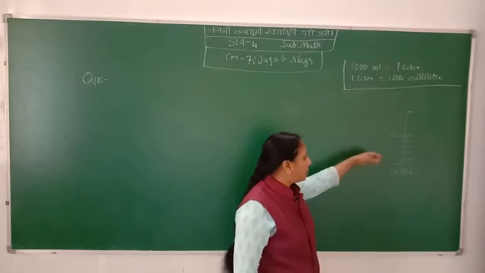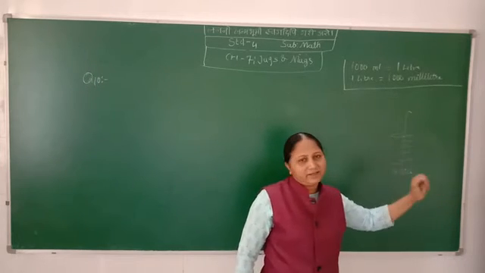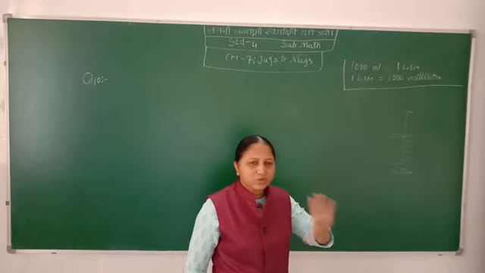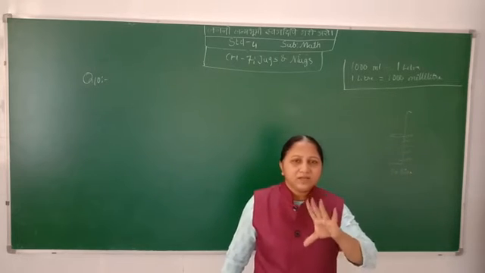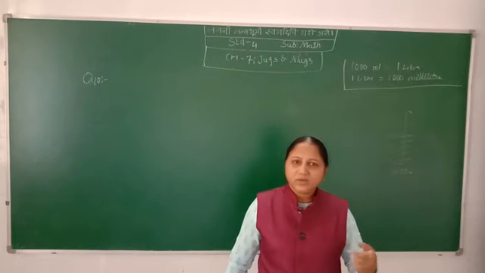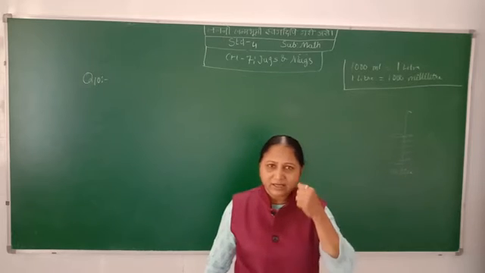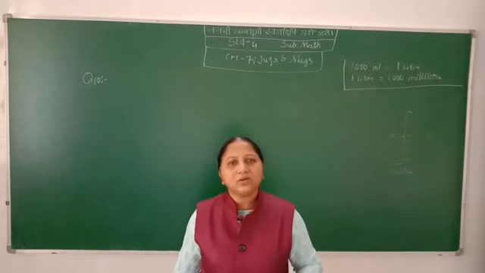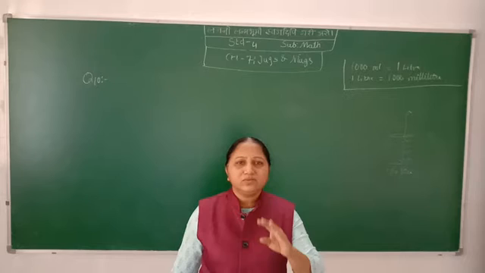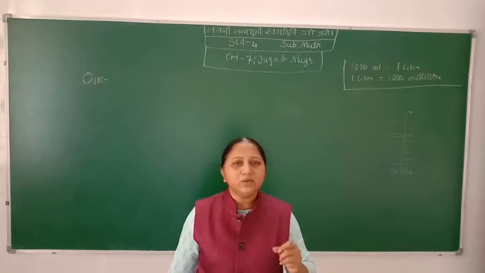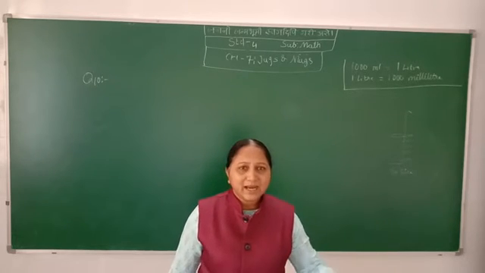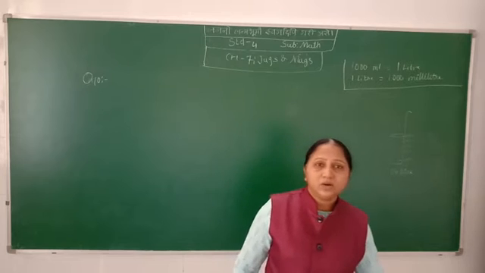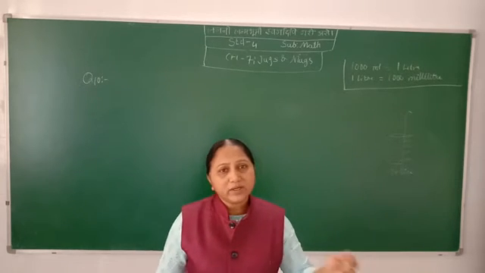If the milkman's pot holds half liter, it fills half liter at one time. So if you need 2 liters, what will he do? He will pour that pot full of milk into your vessel.